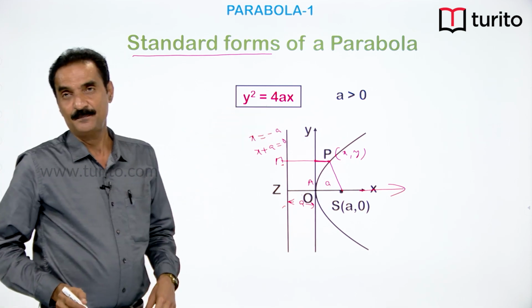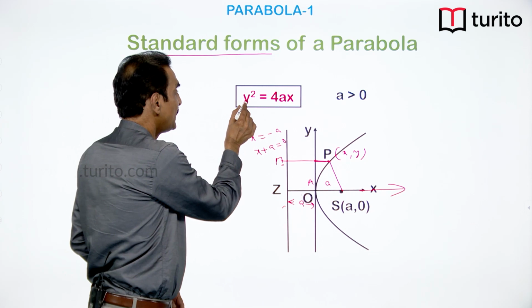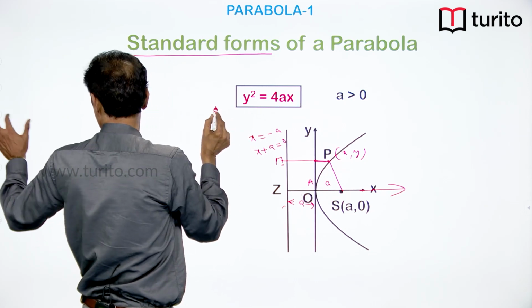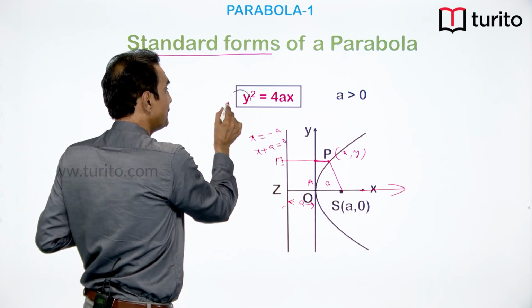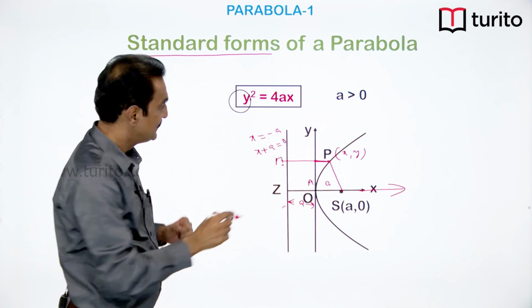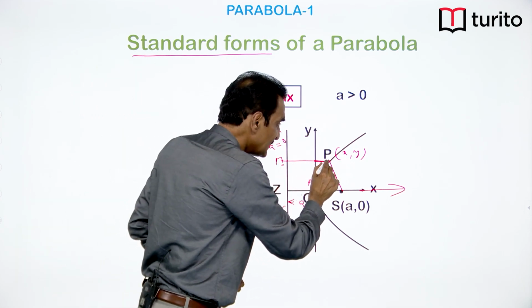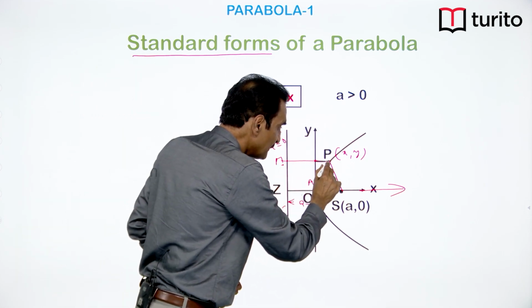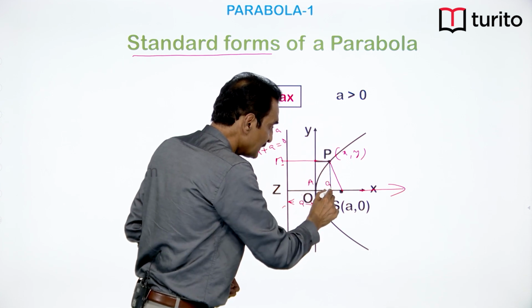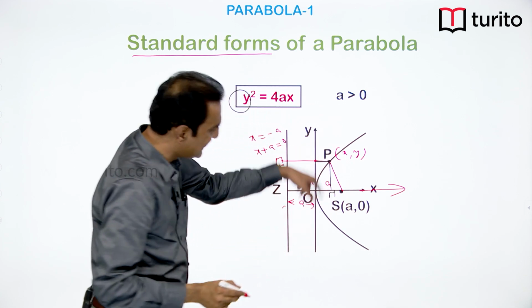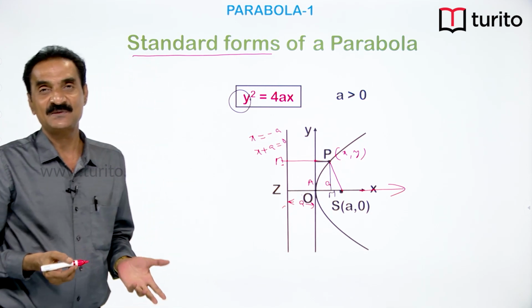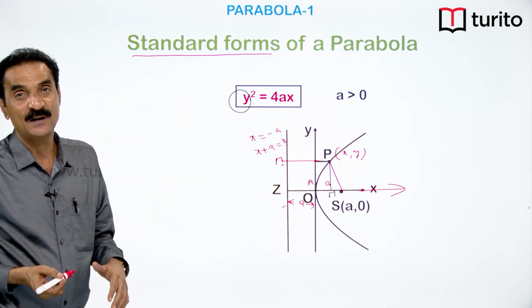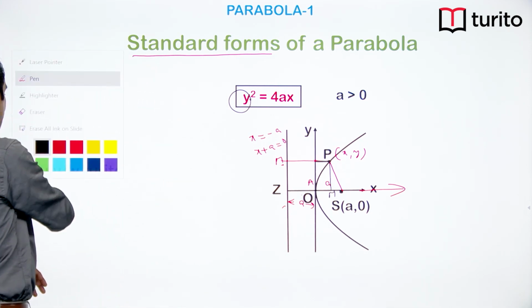In this equation, you need to understand this y as the distance of P from the x axis. X axis means the axis of the parabola.